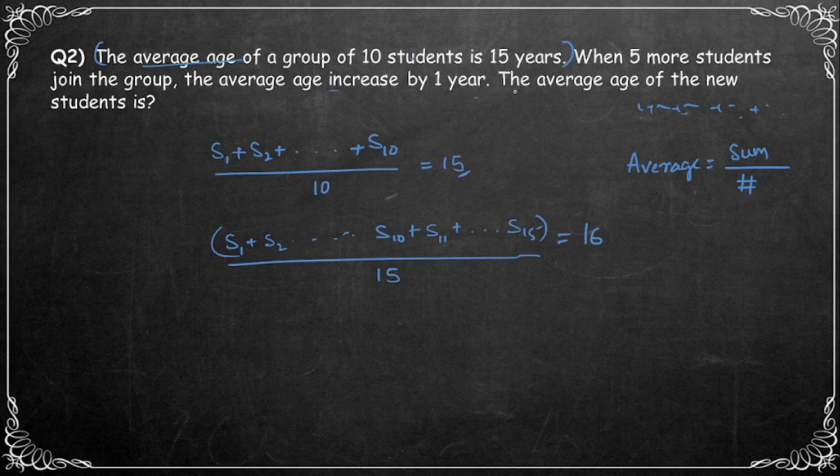Now they are asking for the average age of the new students. That means S11 till S15. Their average is, add all of their ages, and the number of people is 5, is equal to question mark. We need to find this.